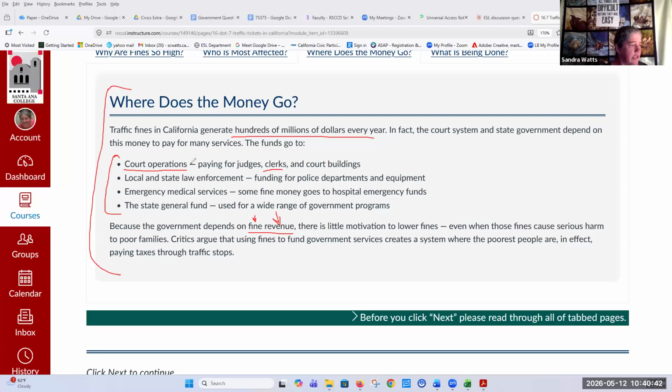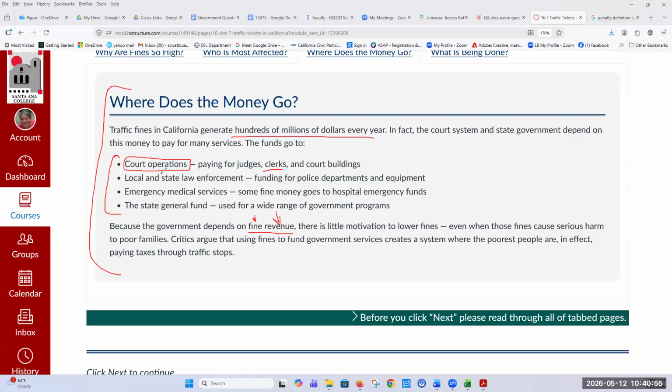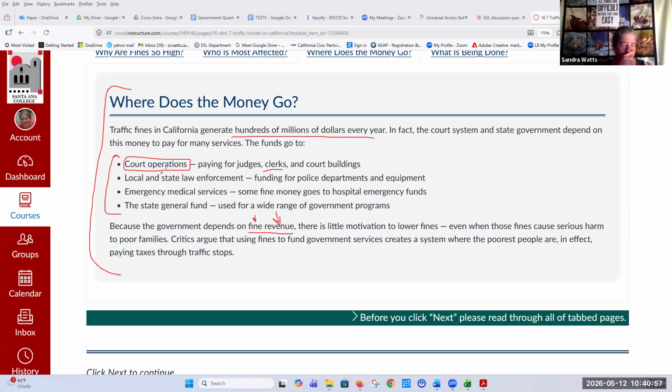Basically, operations are, trying to explain this simply, all the things that they do in the court. When you meet with the judge, the cashiers, you pay your fines, that's all operations. Everything that gets done in the court.